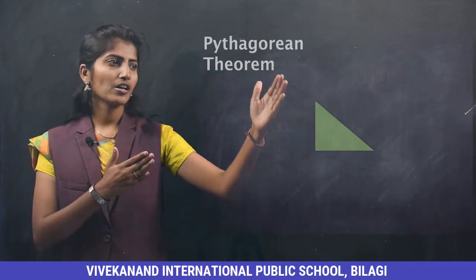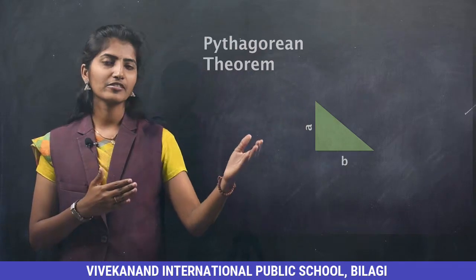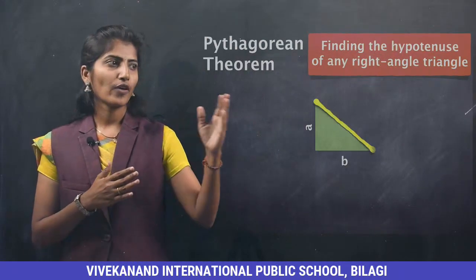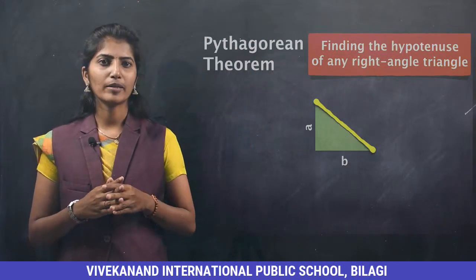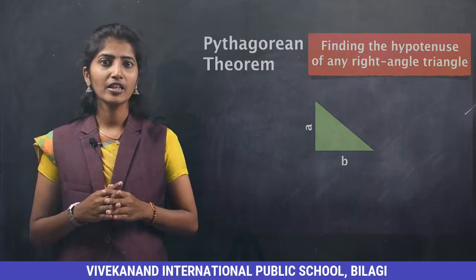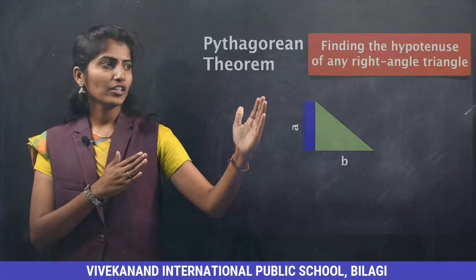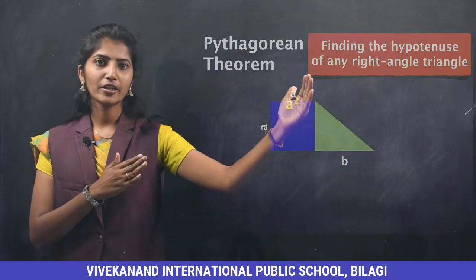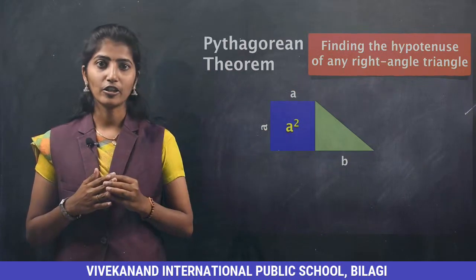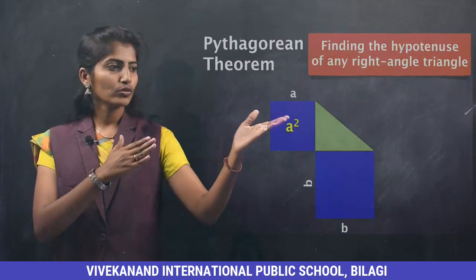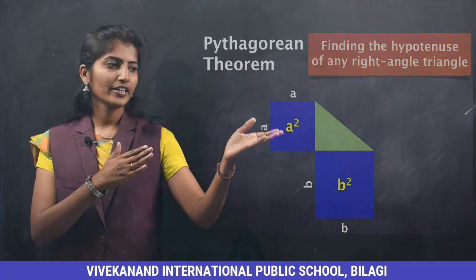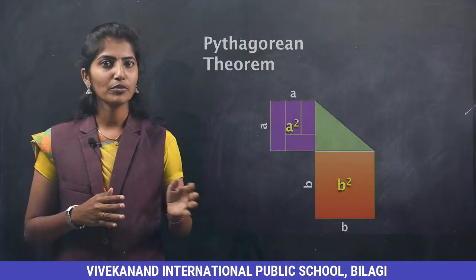So consider a right angle triangle with the sides A and B. To find the actual length of hypotenuse of any right angle triangle, here the side of length A, if we move up to A units, we get A square. In the same way, if we move the length B of the side up to B units, we get B square.